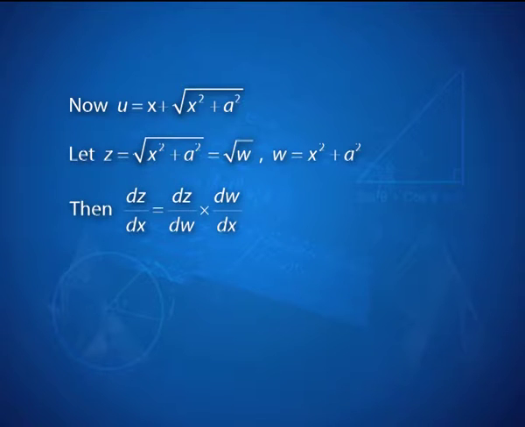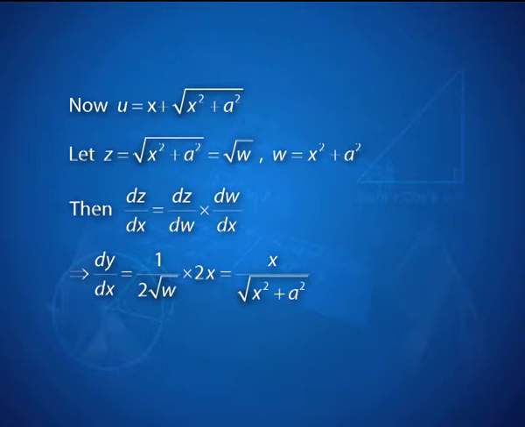So, dz by dx, that is the derivative of z with respect to x, is nothing but the derivative of z with respect to w into the derivative of w with respect to x, and that is nothing but 1 by 2 root w into 2x.